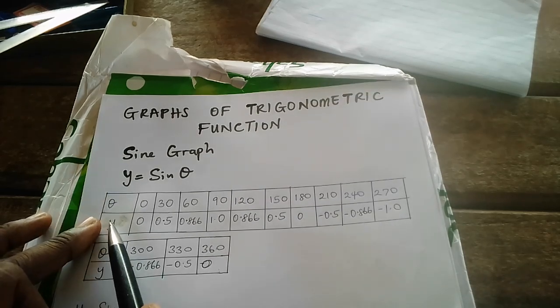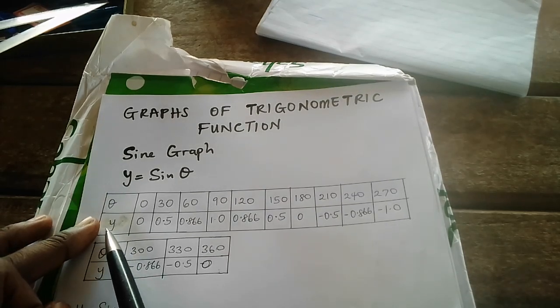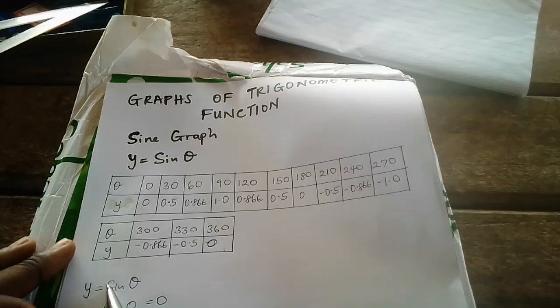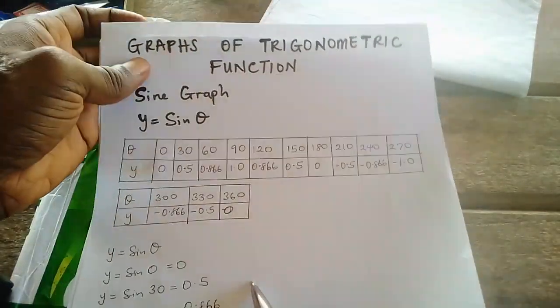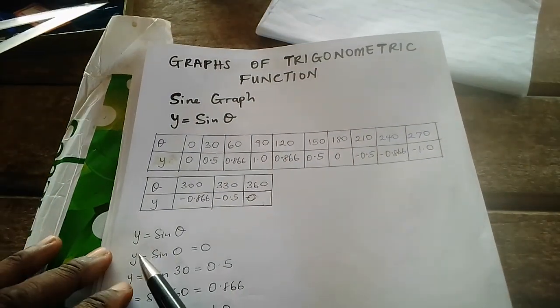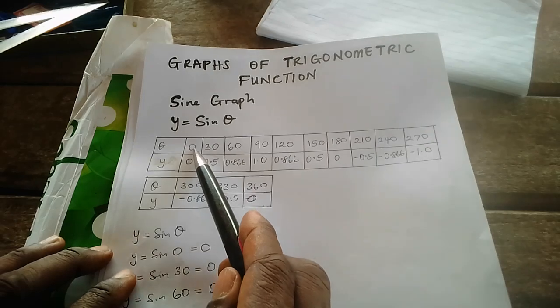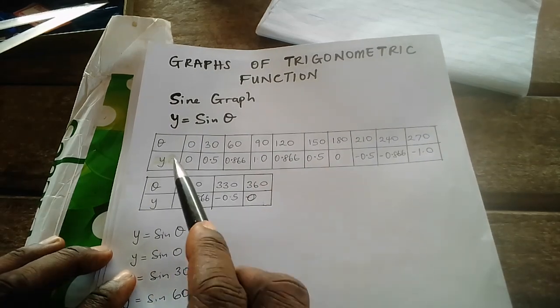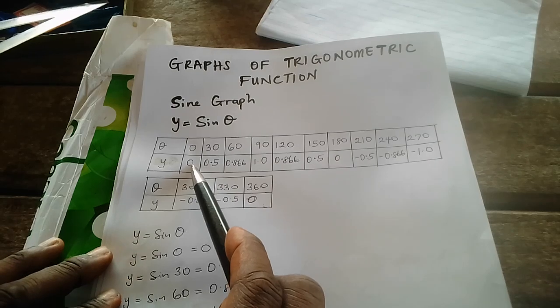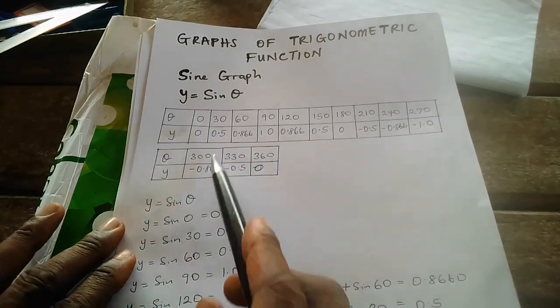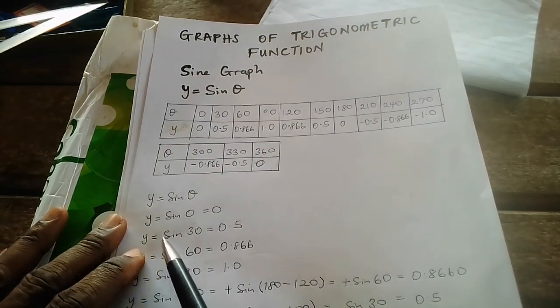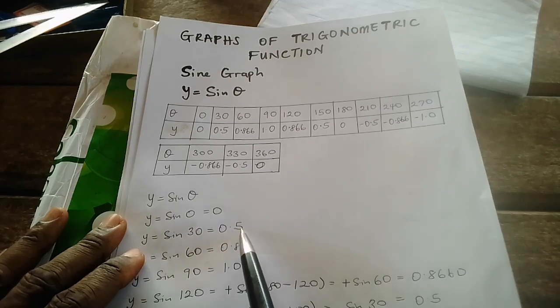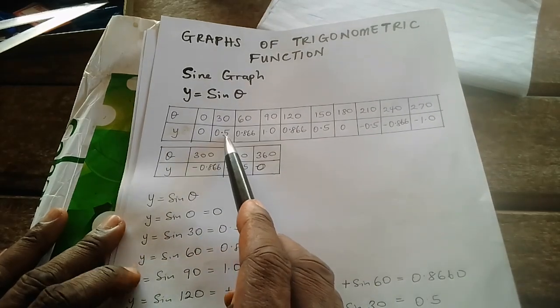Now, to be able to get the value for y, what does y represent? Sine theta. So when theta is 0, what will be the value for y? Sine 0 is 0, so you put it there. Then when theta is 30, sine 30 will give us 0.5.